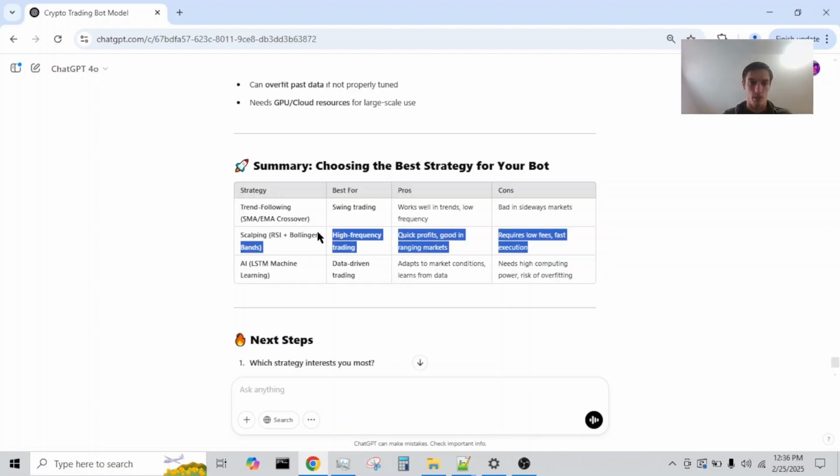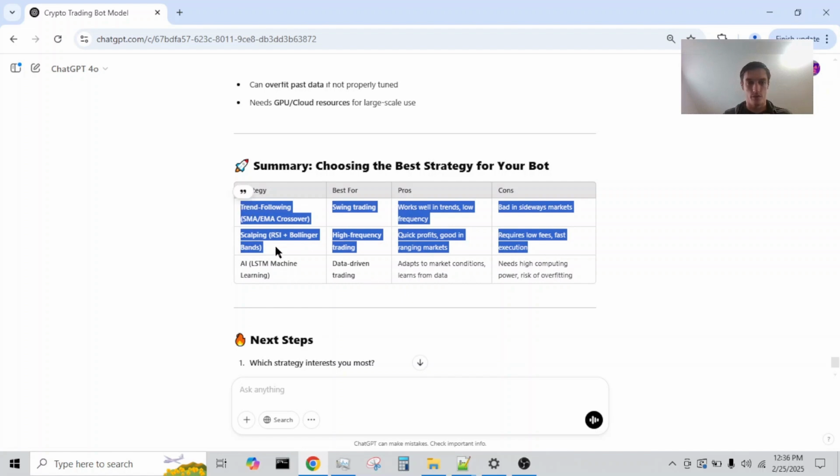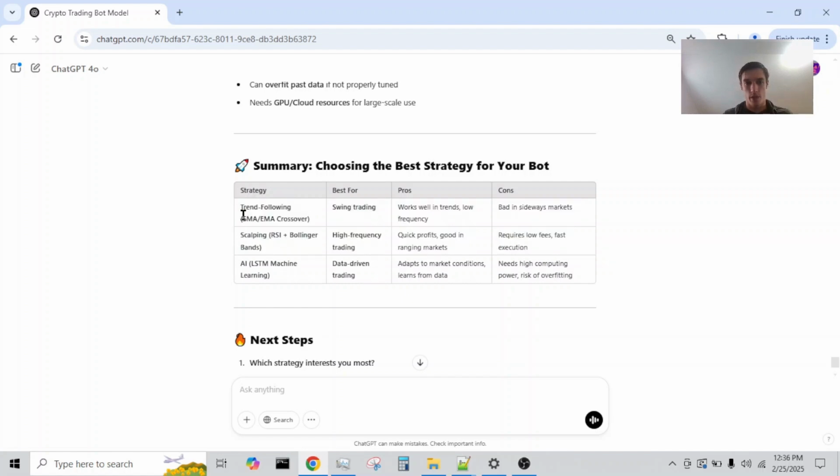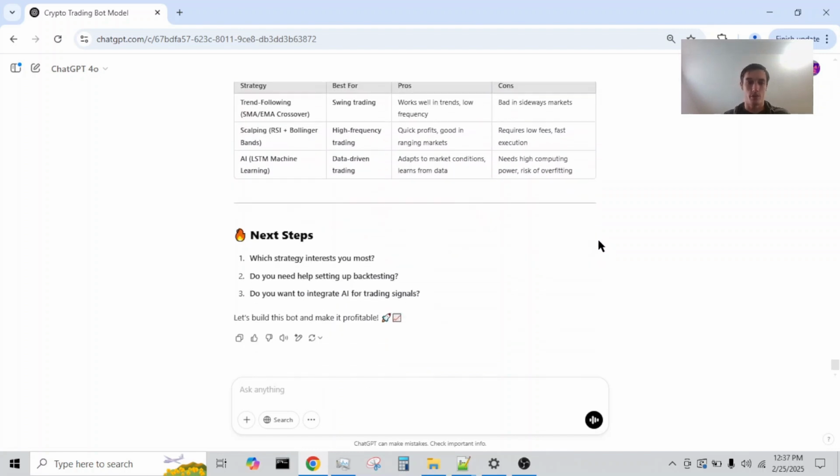I think we're going to be looking at something with trend following and also scalping, so we can follow the trend, make sure we're in a bullish market, and then scalp longs, so that we can have that automated trade, getting those quick profits, but also be in a bullish market, which you always want to be following the trend when you're trading.